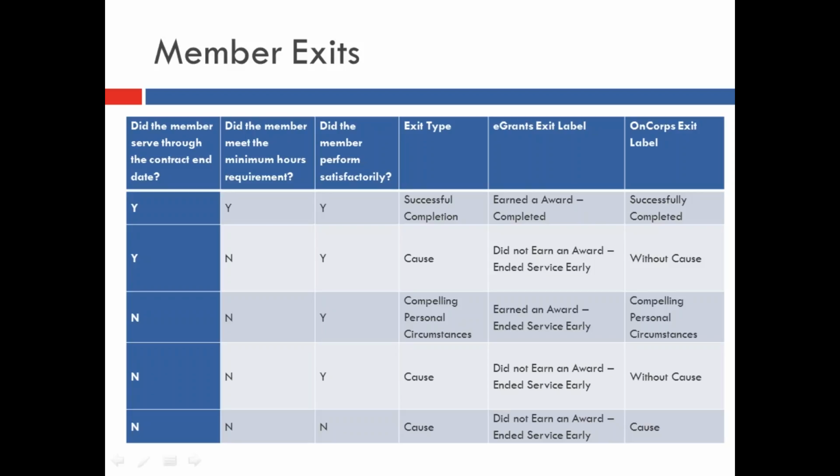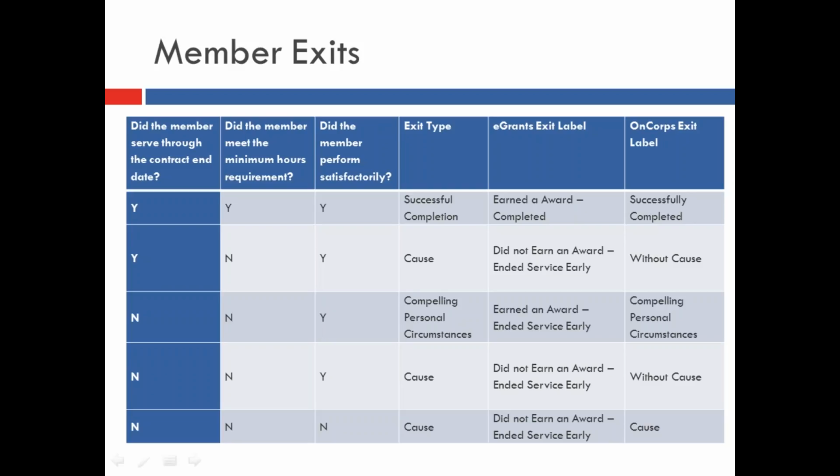So the main distinction, as I understand it, is that without cause is essentially noting that the member performed satisfactorily, that they're still being exited early, and that they're not eligible for an award, but the fact that they performed satisfactorily would put them into that without cause AmeriCorps label category.